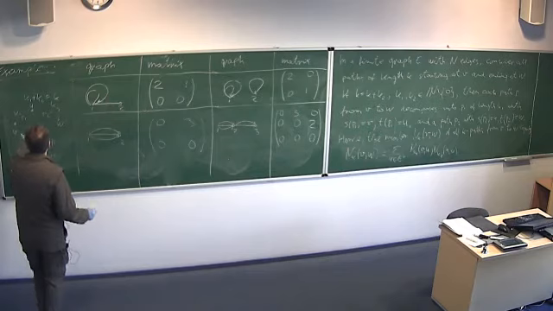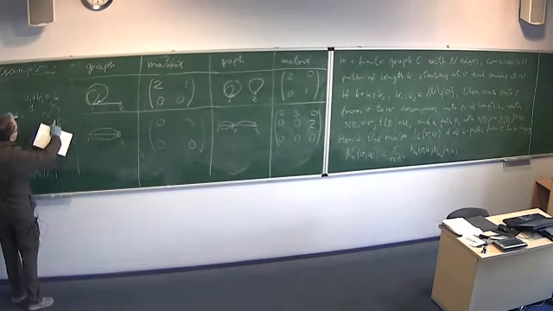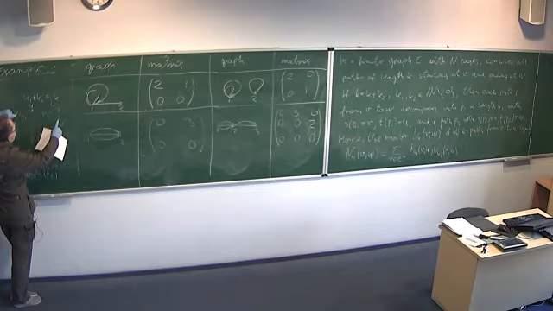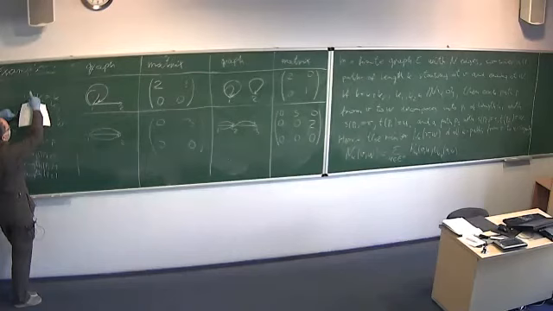And it's clear because once I fix these vertices, V and W, and I look at all paths of length k which begin at V and end in W, well, I can always ask where do they factorize, at which vertex.